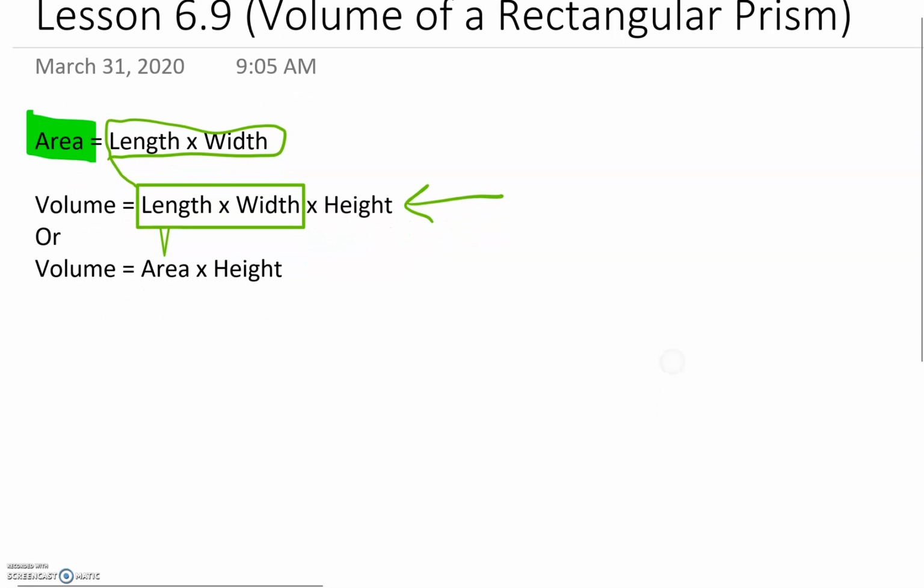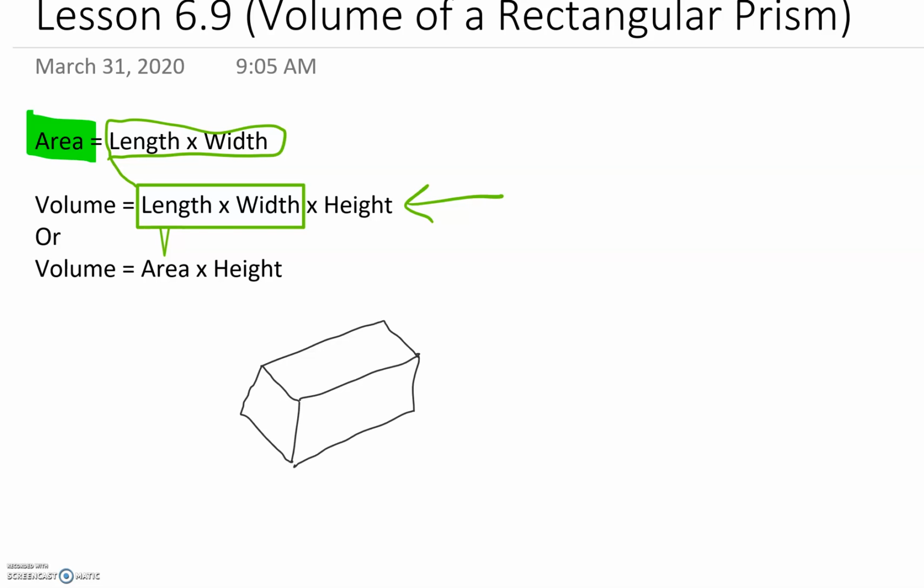Alright, so let's draw ourselves a little bit of a prism here, and then we can try this out. Let's say this is side length 4, this is side length 3, and this is 6. So that means this is the height.